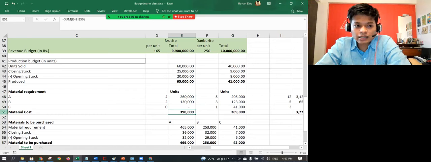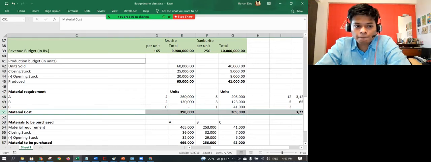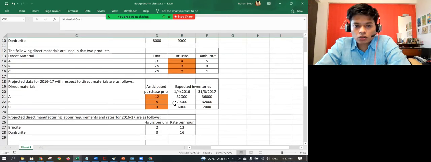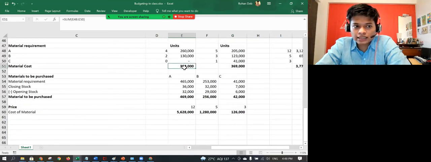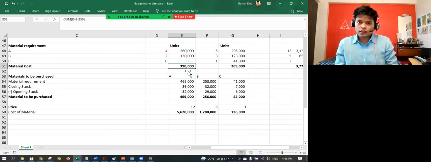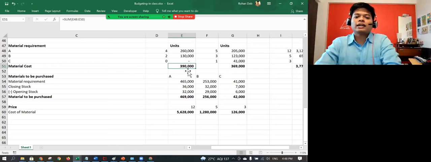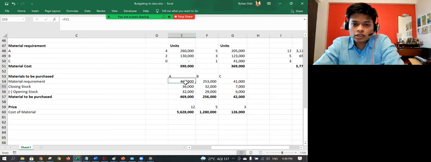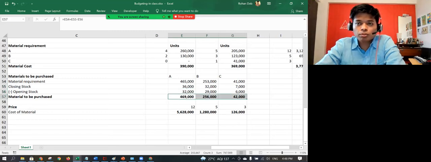Now, this is the number of units that I have consumed. I had an opening stock of 32,000 and then the closing stock was given. Again, it's the same thing. This is the number of units that I've consumed during the year. If you add closing stock and remove opening stock, this one plus closing stock minus opening stock will give you the number of units that I had to purchase.